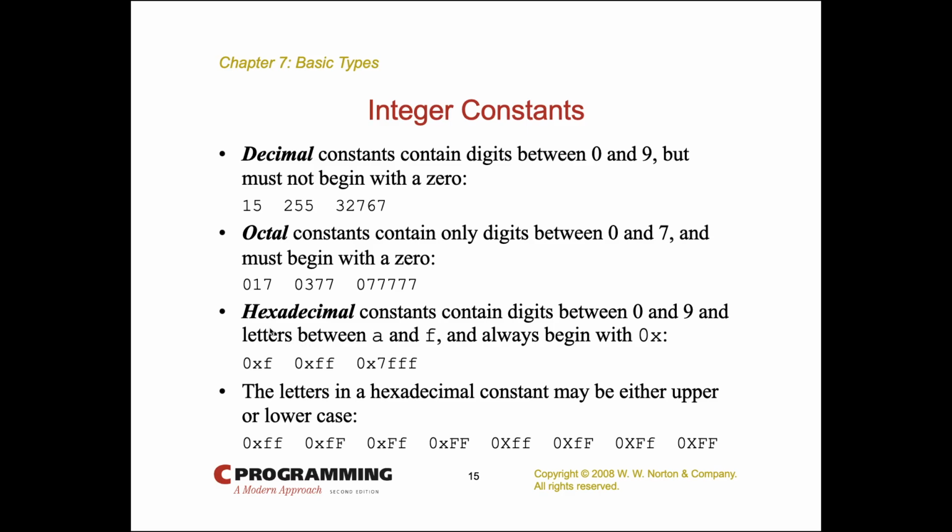Okay? Hexadecimal also. But hexadecimal uses digits between 0 and 9 and A, B, C, D, E, and F. Okay? So it always begins with 0x to verify that it is hexadecimal. So 0xF means 15, right?